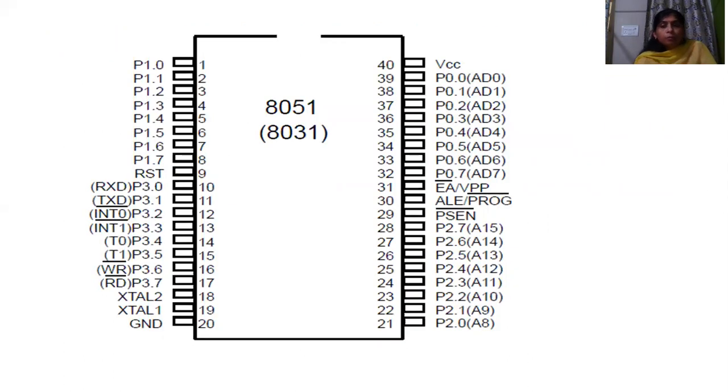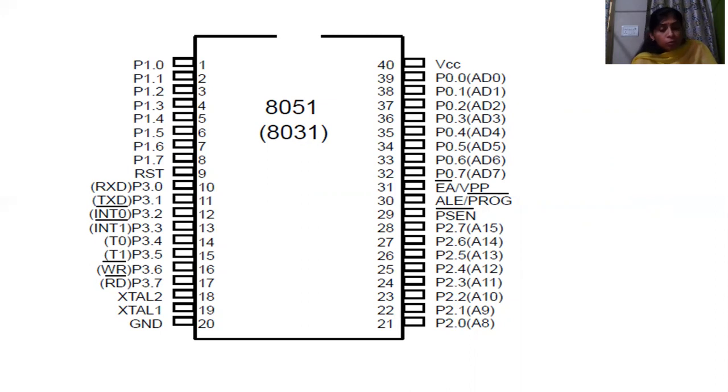This 8051 microcontroller is an 8-bit microcontroller having a total of 40 pins, and 4 ports are there: port 0, port 1, port 2 and port 3, and each port has 8 bits.